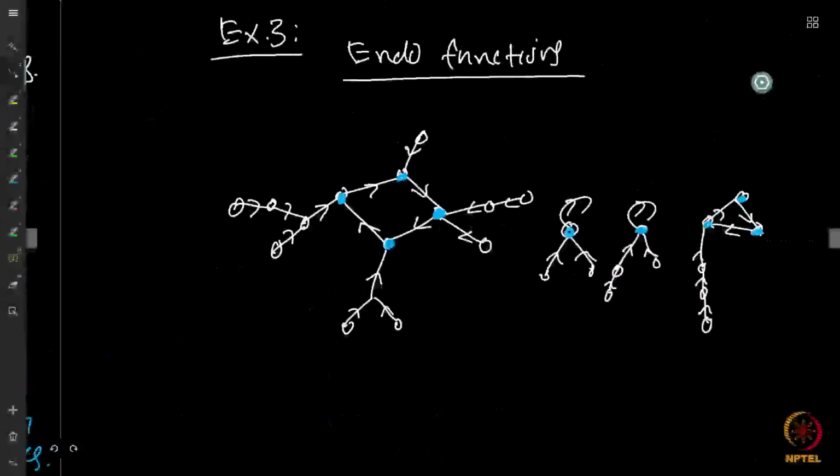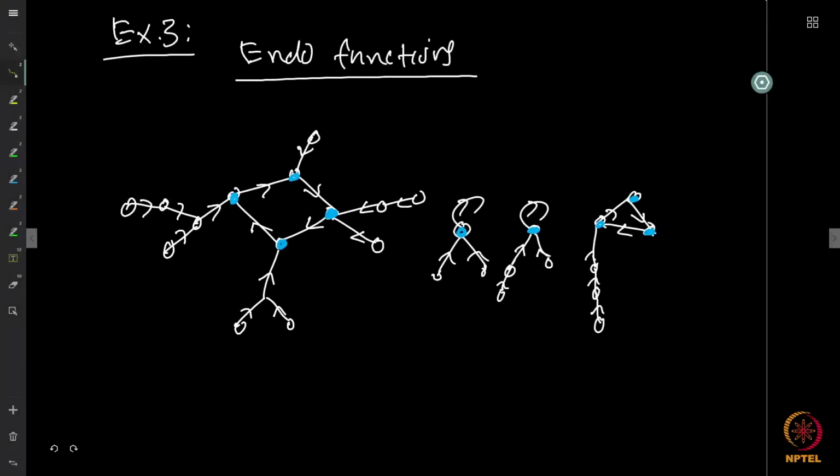Now, another example is the species of endofunctions. We denote by End the species of endofunctions.